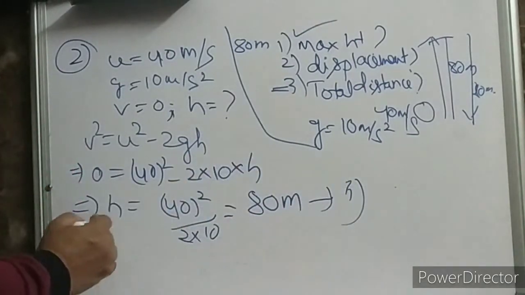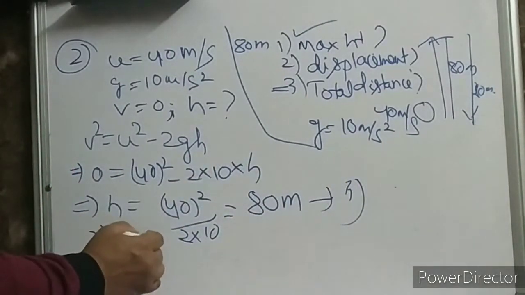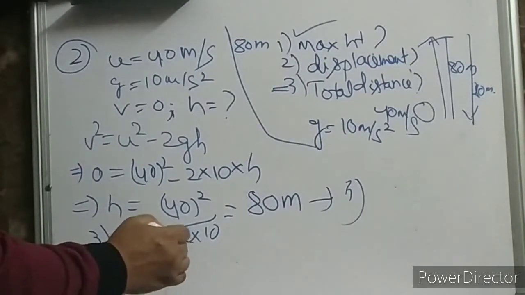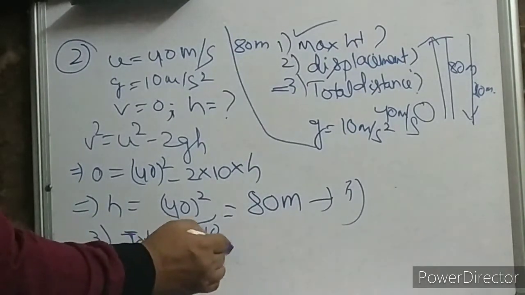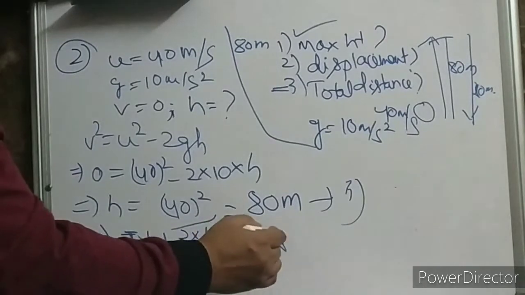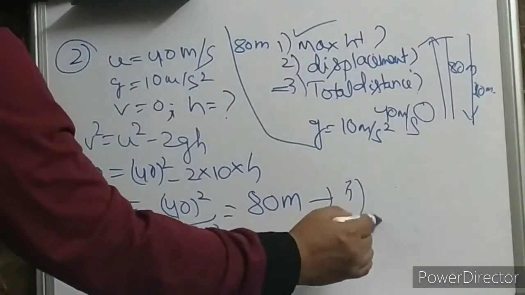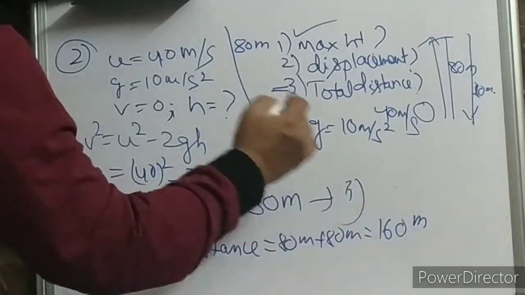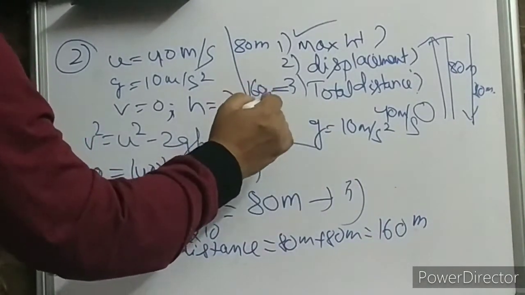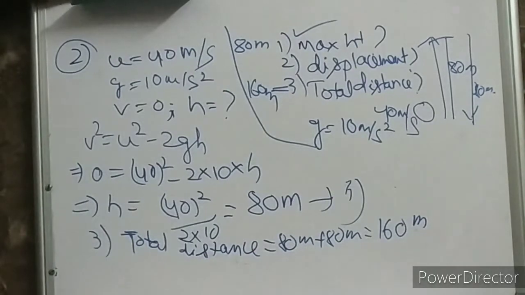What is the third bit? Total distance is equal to how much? 80 meter plus 80 meter. So it is 160 meter. Hope I am clear.